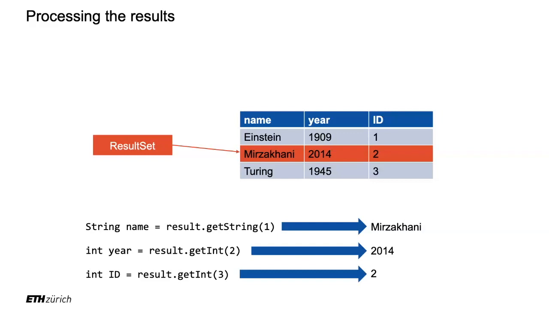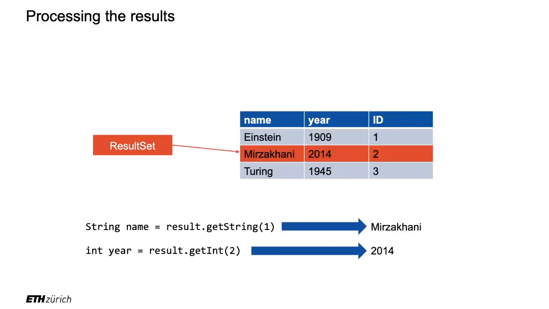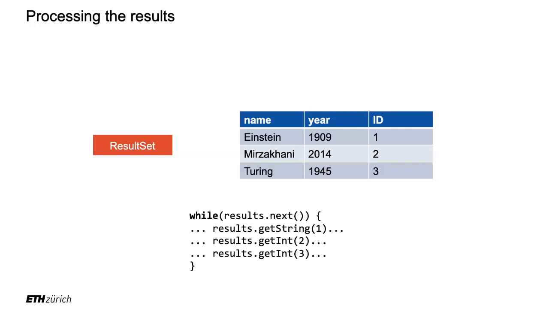All right. Now, what do you do with that? They go into the HTML. Because again, remember, you want to create an HTML page. So all of these variables that you're extracting from the table go into the HTML page that you will show the user. In fact, what typically happens in a program is that you have what's called a while loop. Who knows what a while loop is? A while loop is a way of repeating over and over until some condition stops being true.